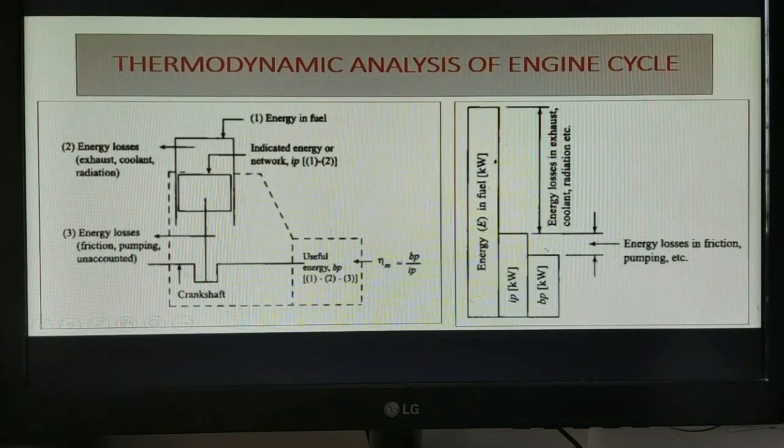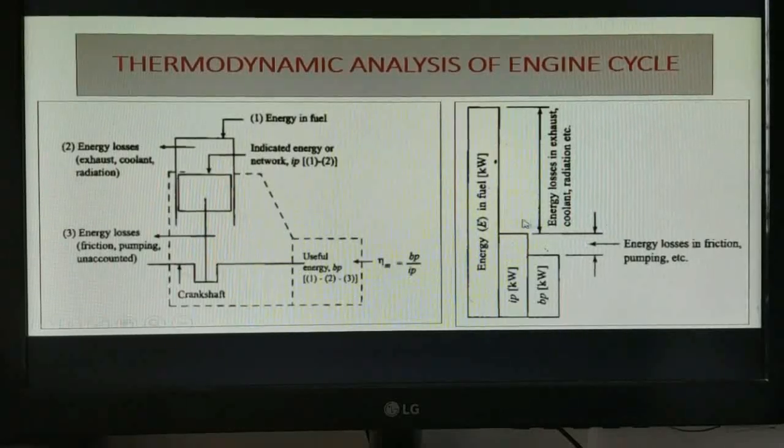Now you can see here another block diagram showing just blocks of the energies. This is the first block, the energy in the fuel. If you consider this box size as the energy in the fuel, part of this energy is used as the indicated power. This remaining part is nothing but the energy losses in exhaust, coolant, radiation and so on.